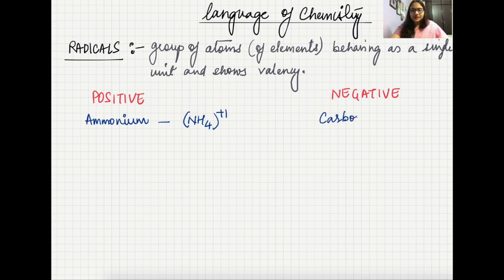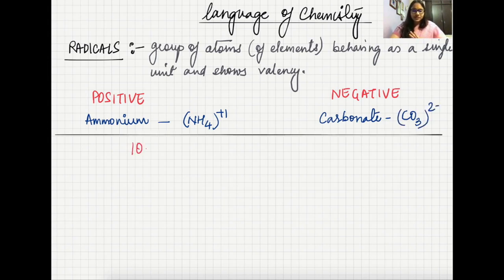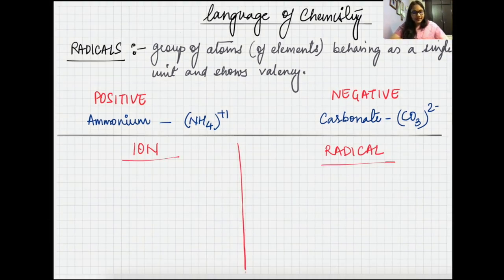An example for a negative radical is the carbonate ion. Carbonate ion contains 1 carbon atom and 3 oxygen atoms, together carrying a charge of -2. Now radicals, positive or negative, can also show valency.